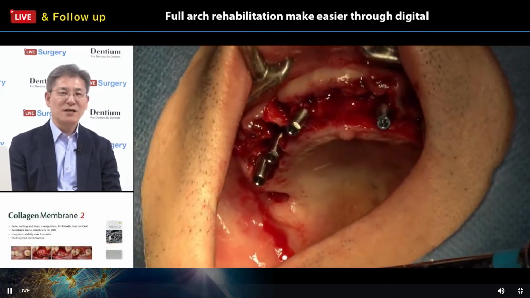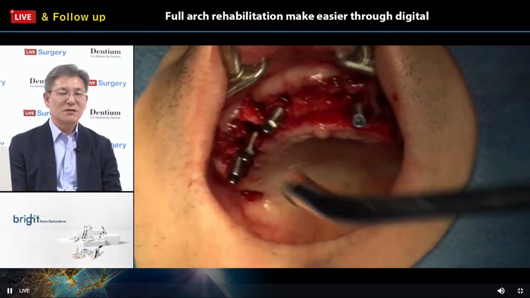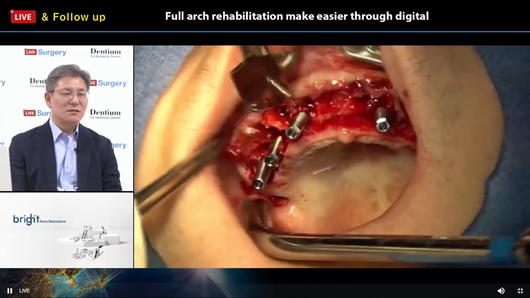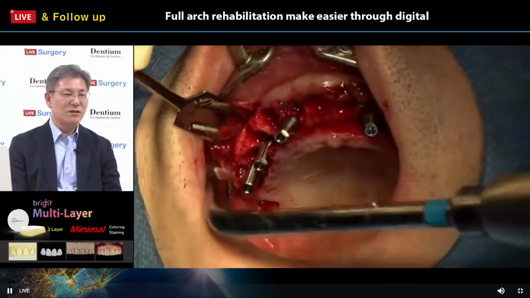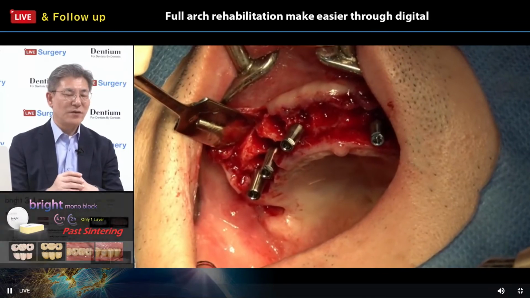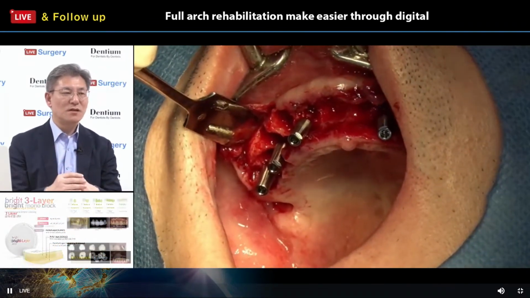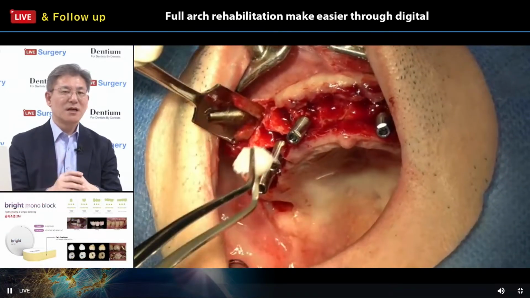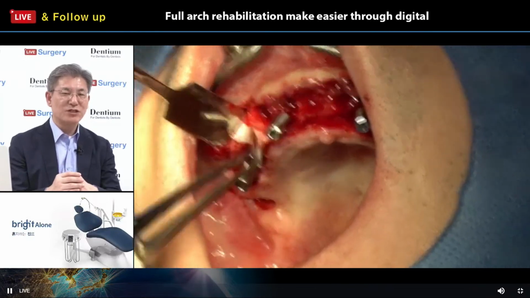So it is unique, and magic-like action if we use this crestal drill to handle a moderate dimension from alveolar crest to sinus floor.